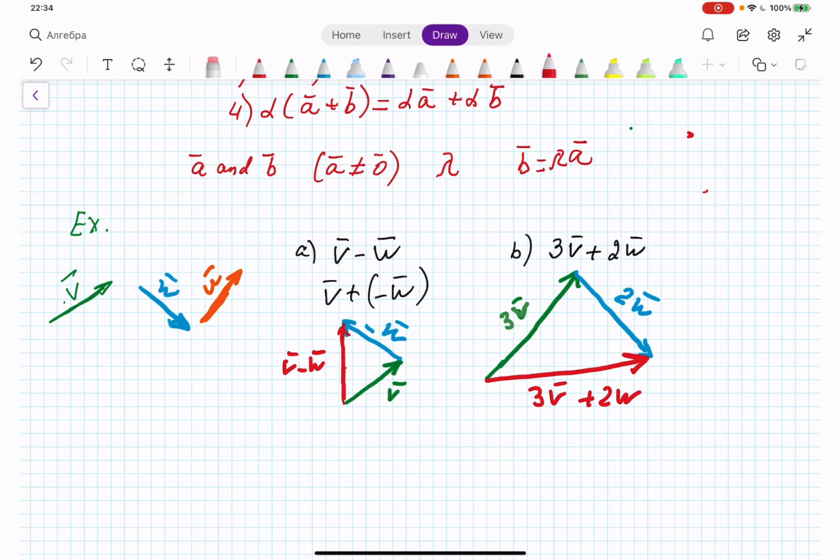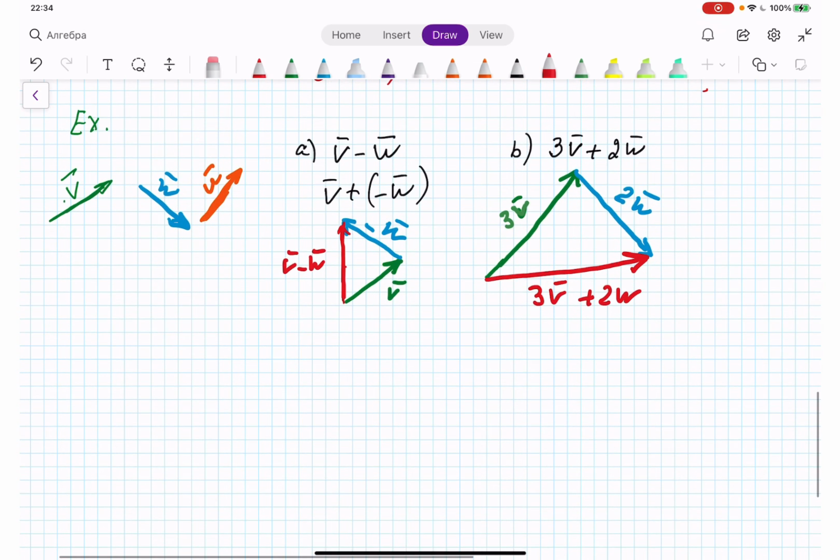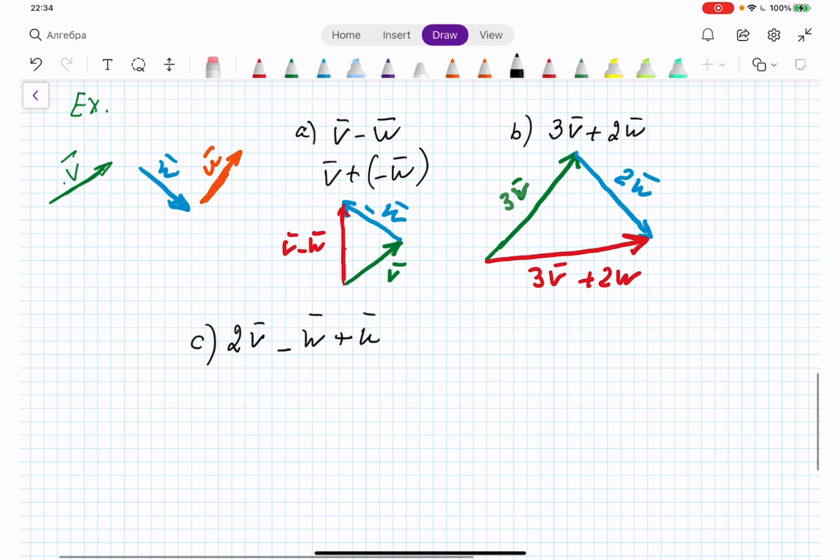And the next one, question number C. Let's say we have 2V minus W plus U. Longer operation.